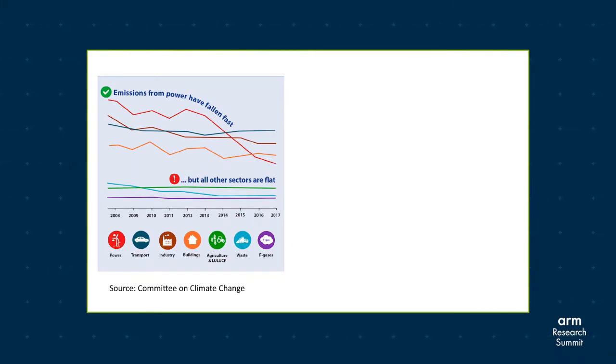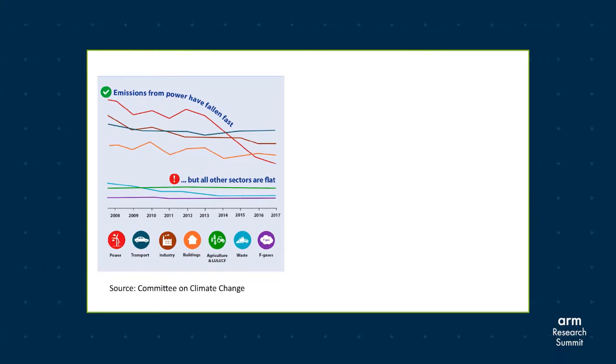But what you can see in this image, that if you look through other sectors, if you look at transport, if you look at industry, if you look at our buildings, there's been rather little change, a little bit of a decrease in the energy use in buildings and the emissions as a consequence. Not very much of a change in the transport sector, not very much of a change in industry.